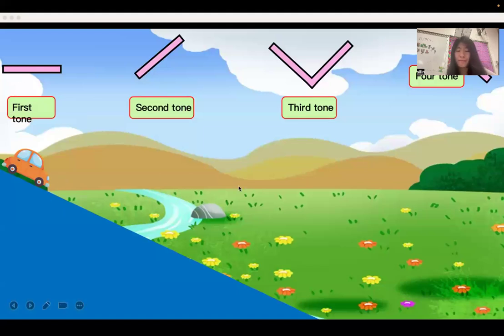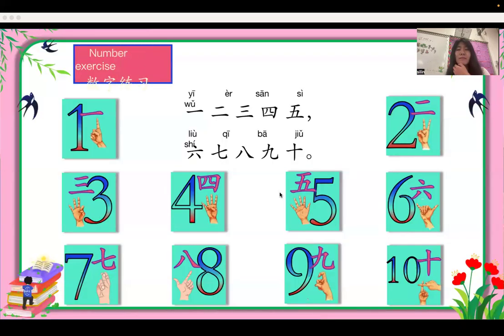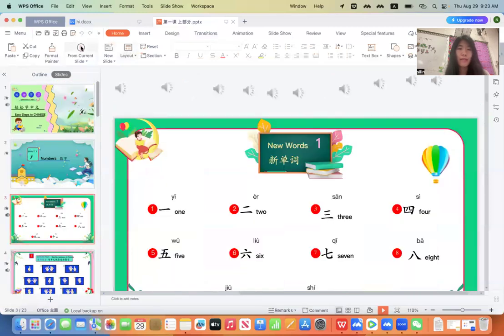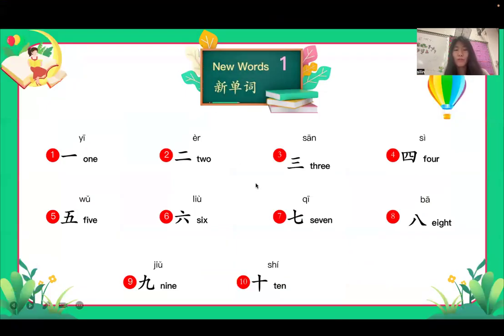And the next one is all the gestures 1 to 10. So that's all for today. Okay, that's all for today. Let's go back to the 10 numbers page. So make sure you understand everything because this is the basic thing for a lot of things.